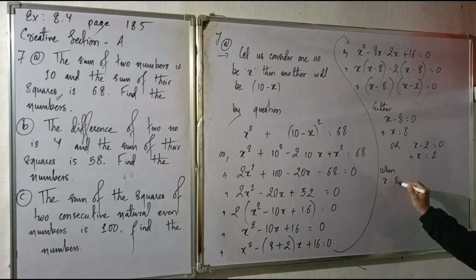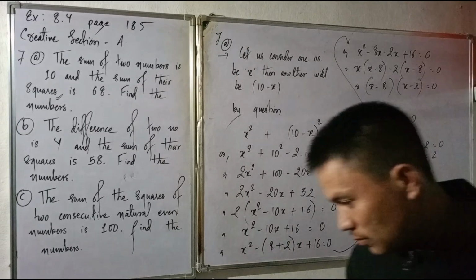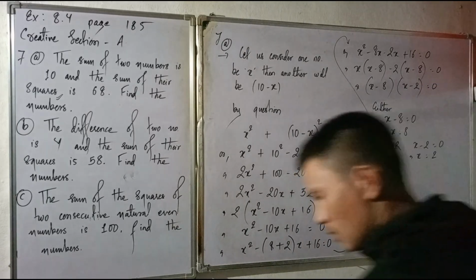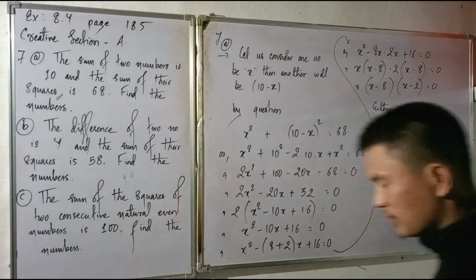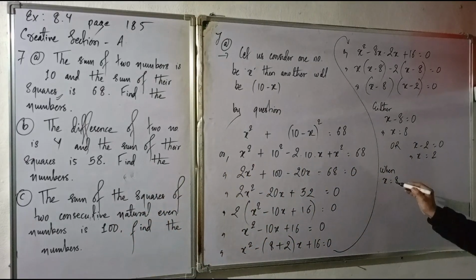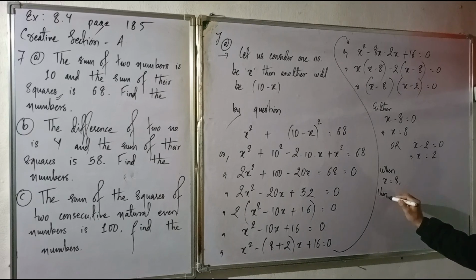You can end it here, or you can show both cases. When x equals 8, the other number will be 10 minus x, that is 10 minus 8, that is 2.